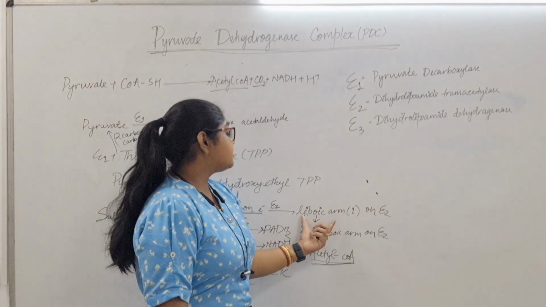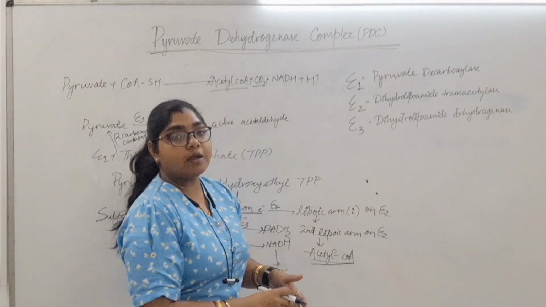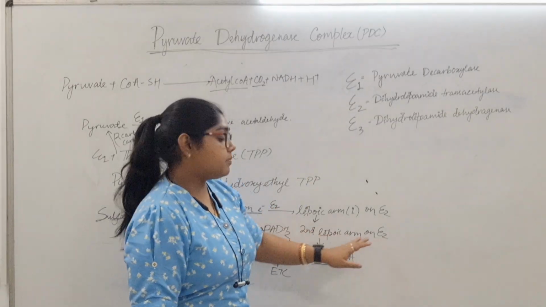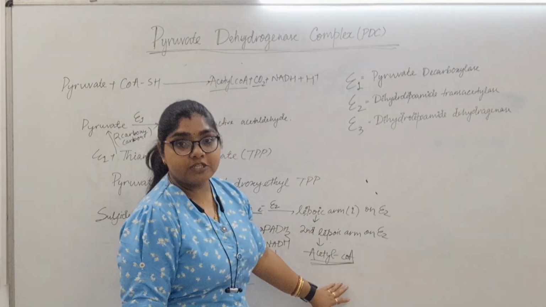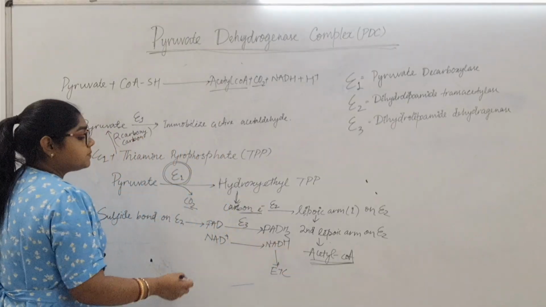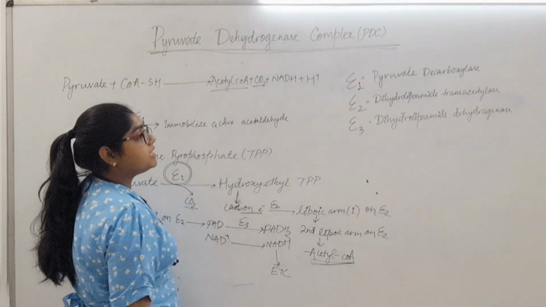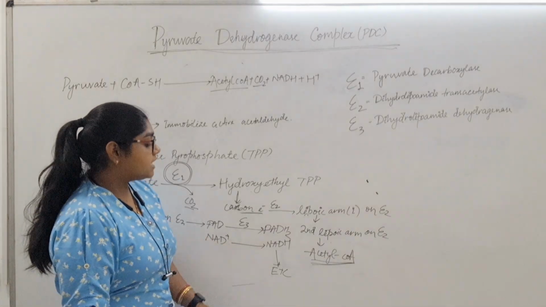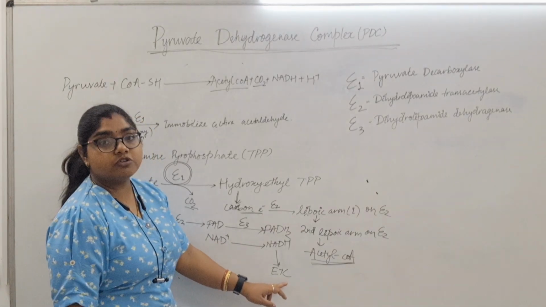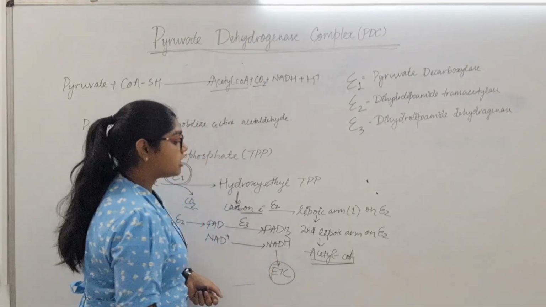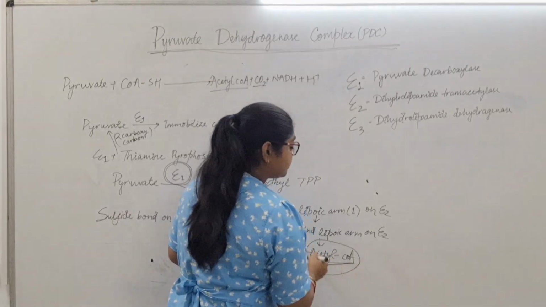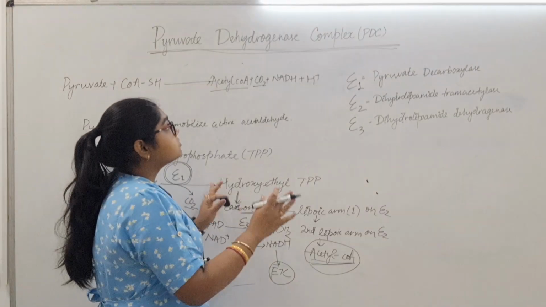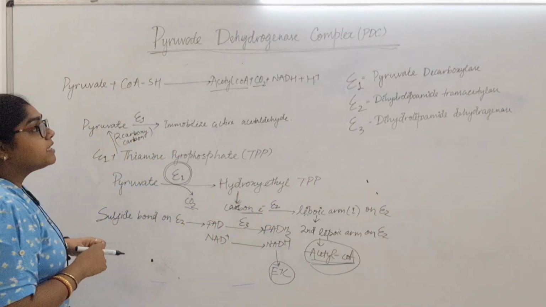Then it will transfer to the second lipoic arm on the E2 subunit, and then it will produce acetyl coenzyme A. And in the last part, with the help of E3 dihydrolipoamide dehydrogenase, NAD plus will convert to NADH, and this NADH will enter the electron transport chain. Acetyl coenzyme A will enter into the Krebs cycle, the third step of cellular respiration. So this is all about the pyruvate dehydrogenase complex.